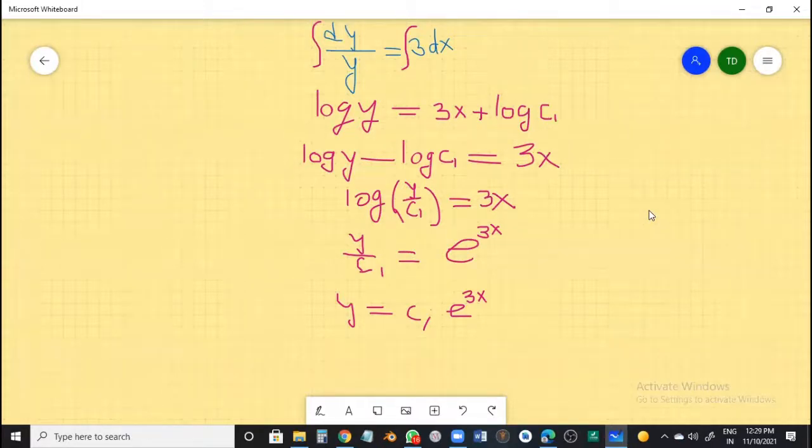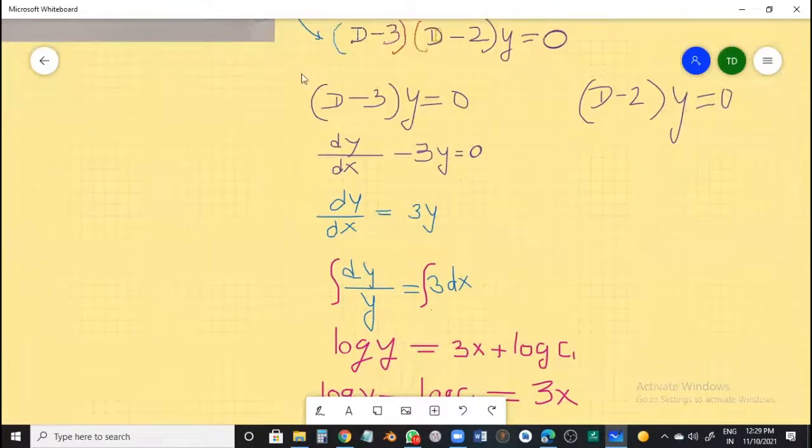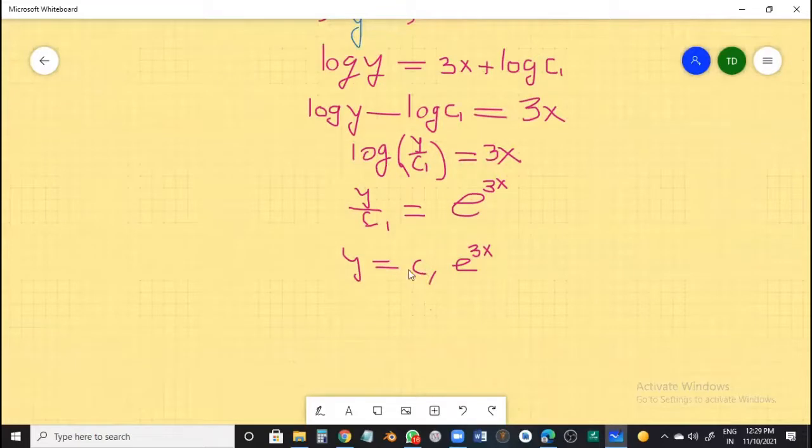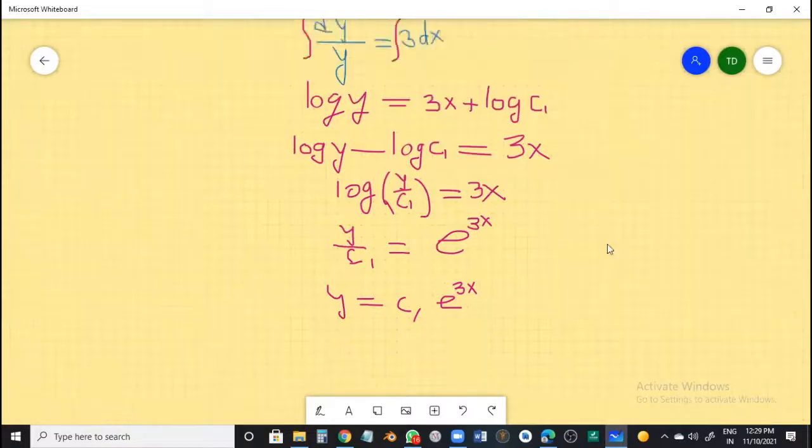No. Okay, it's good. So what we did was we solved (D minus 3) operated on y equal to 0. What you observe here? This is the linear factor, D minus 3. And when it operates on y, we are getting simply y equal to some constant times e raised to 3x.